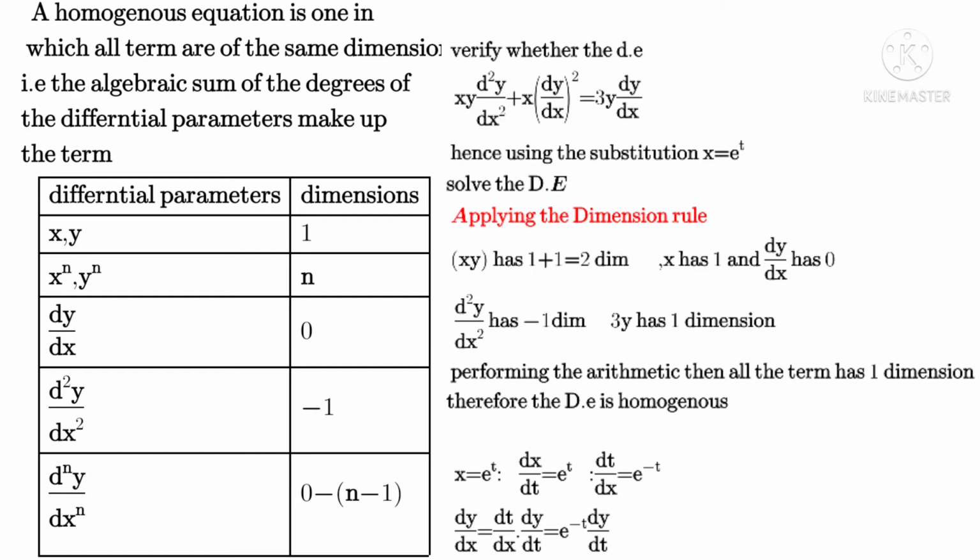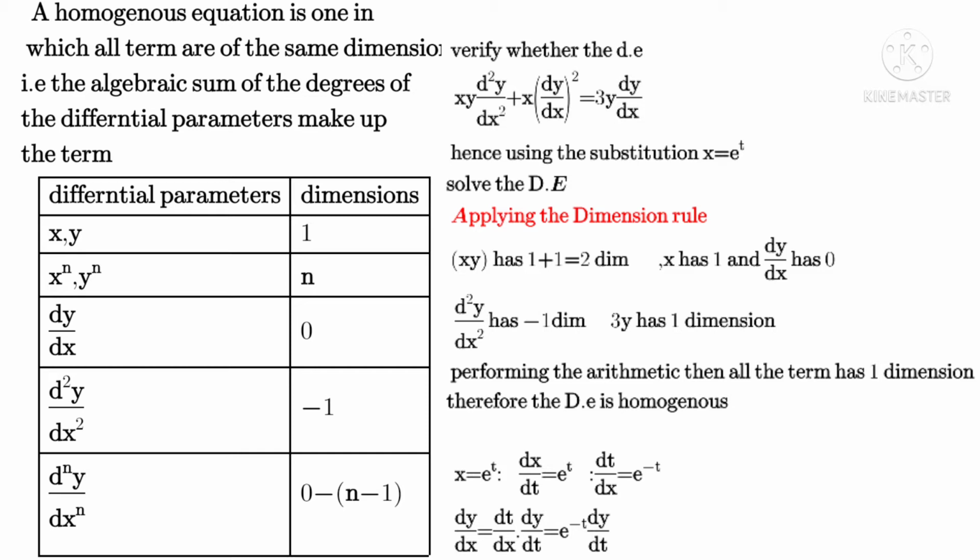So in this example, we'll verify whether the DE is homogeneous or not. As you can see clearly, when we apply the dimension of x and y, d squared y over dx squared will give us minus 1. So 2 minus 1 is giving us 1.